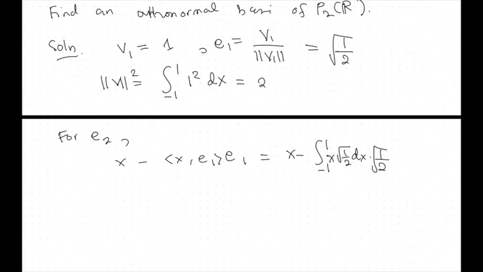So here we get x minus 1 half, the integral from -1 to 1 of x dx. This is x squared over 2, from -1 to 1. Here we get 1 minus 1, so we have 0.